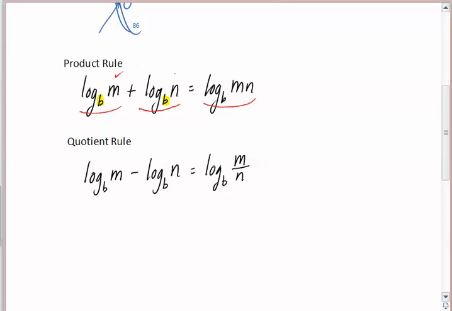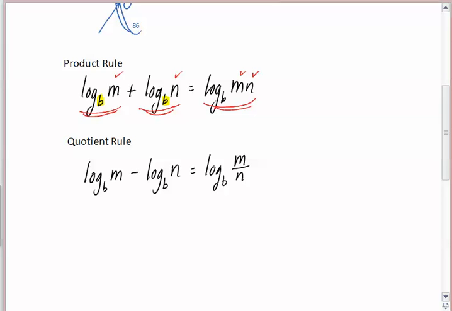So here's my m and my n, and then here they are right here. You notice that I went from log written twice to log written one time. Now you can see how later on, when we begin to solve logarithmic equations, this would be a handy thing to have. If I have log in a bunch of places and I have a variable somewhere, then I would obviously want to get the log words off and whittled down, and this is a great tool in order to do that.